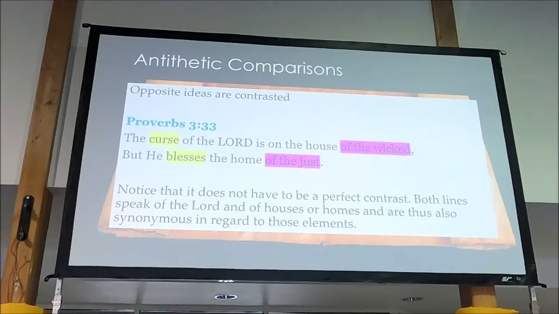Who has a home? The just, the righteous. See, there's more going on than just on the surface here. Okay, he blesses the home. That's where family is. Where the wicked just has a house, is a thing. They're not as connected to other people.